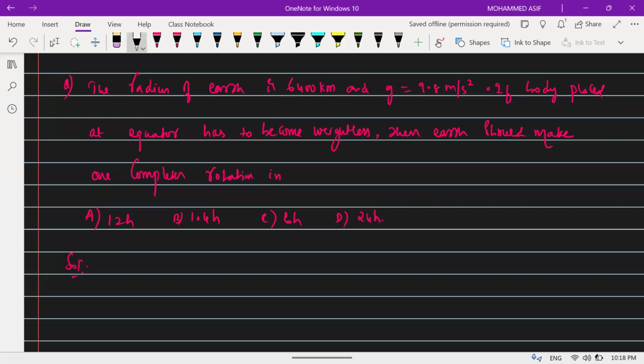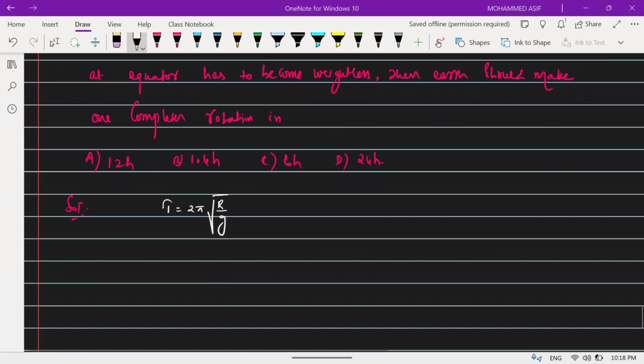The radius of earth is 6400 kilometers. Do you remember the formula? I taught it in class yesterday. When a body is weightless, its weight is balanced by what force, beta? Centrifugal force. So the time period formula: use T is equal to 2 pi under root of R divided by G. Because what is the concept of weightlessness?